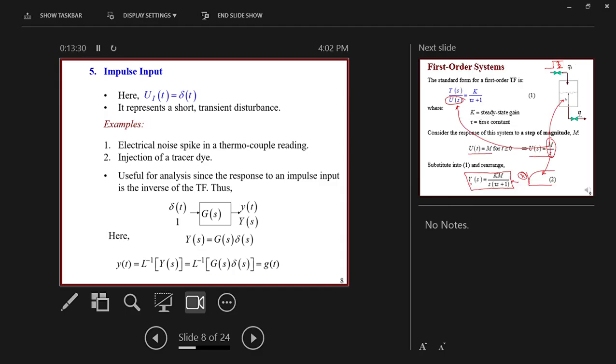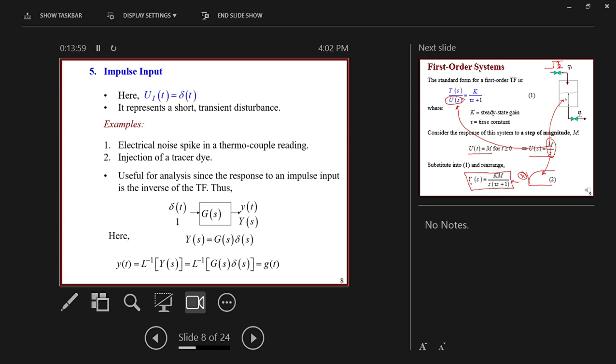Another type of input is the impulse input, which is represented by the Greek letter sigma. It represents a short change in the input, a short-lived change in the input. If you remember the example we took before in the previous chapter for the operator throwing a drum of liquid into a tank.